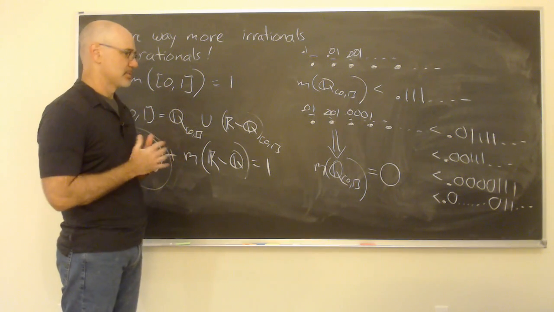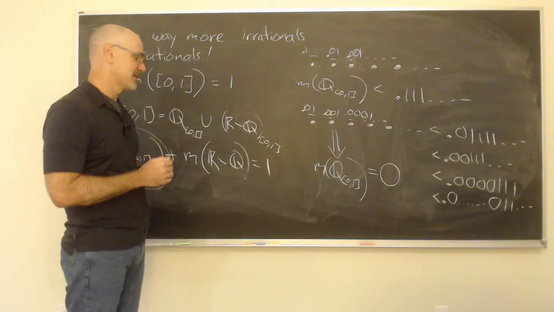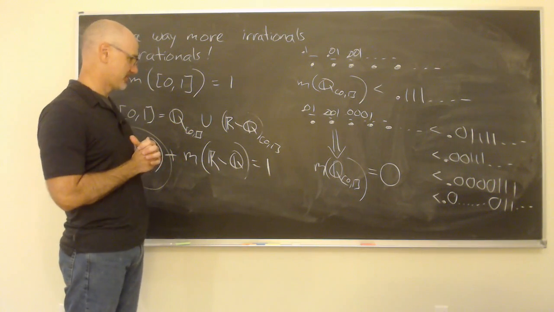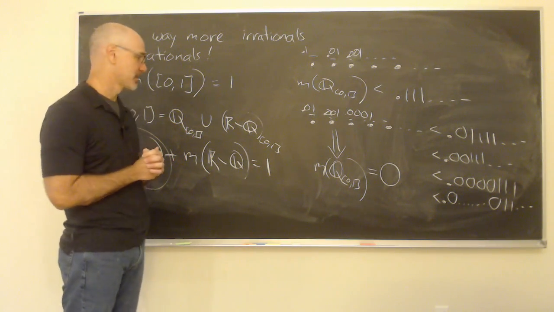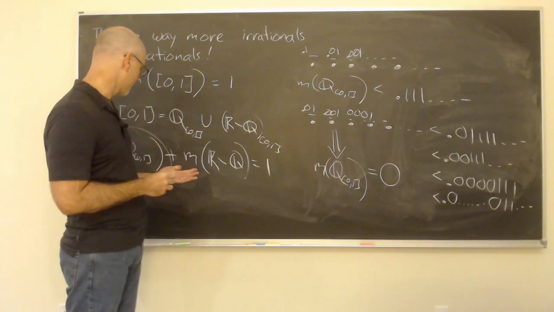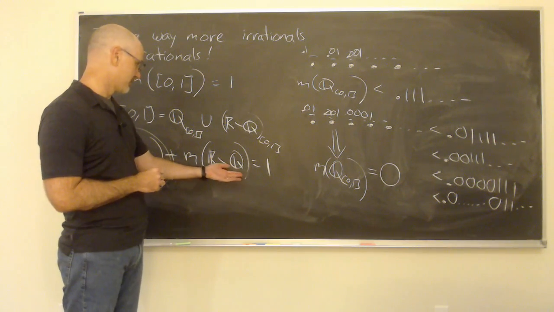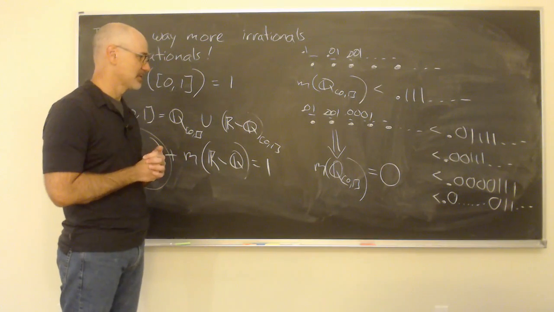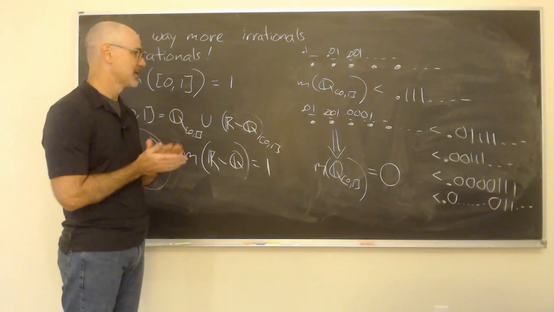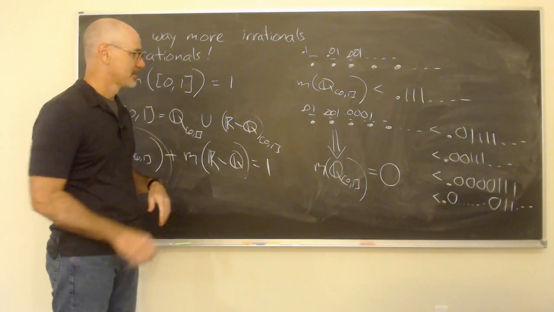I know we've written down numbers like pi and square root of 2 and so on, but anytime you've ever gotten a number out of your calculator, it's been a rational number. And so to be able to show that all of our numeric experience amounts to roughly 0% of all the reals, I think is an interesting result.